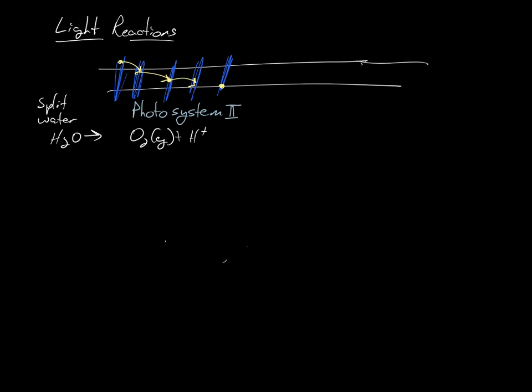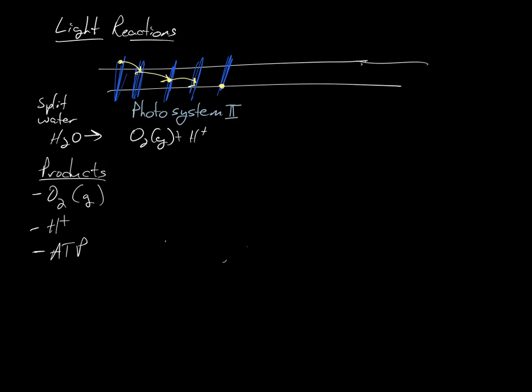We had the concentration gradient and the electron transport chain, and ATP synthase made ATP. All that happened, right? So what do we have as products? We have ATP, oxygen gas, and hydrogen ions so far. That's what we've made so far.